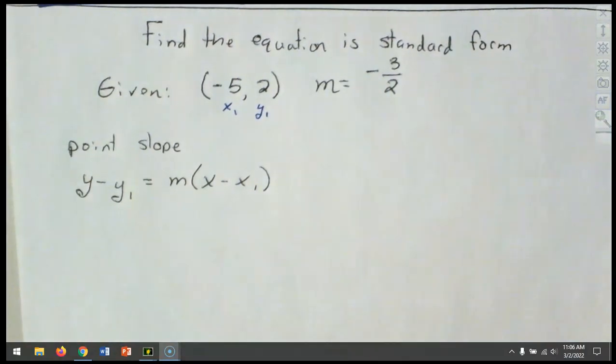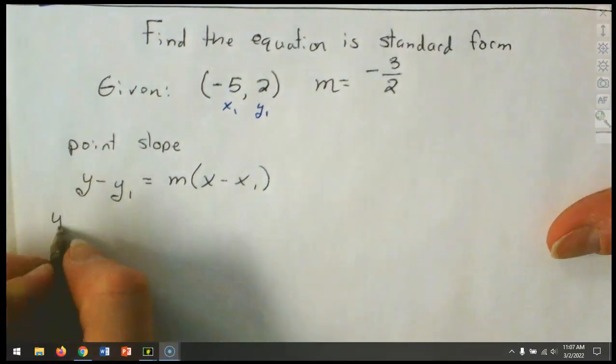Fill it in. Be very, very careful if you have a double negative. That is where students make a mistake. They make a mistake with the double negative. So use parentheses and be very, very careful of that. These are nothing but algebra, but it's easy to make a sign error.